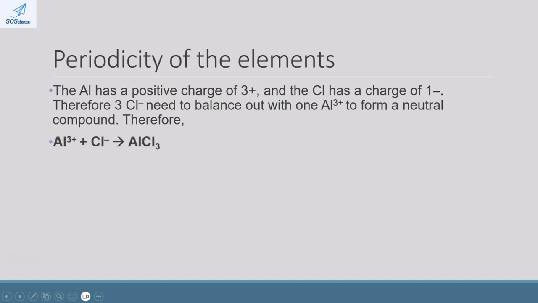So we would say that Al3+ and Cl-, those are the 2 ions involved, will form AlCl3. This little 3 represents that we need 3 chloride ions to bond with 1 ion of aluminium in order to form a compound that is neutral.